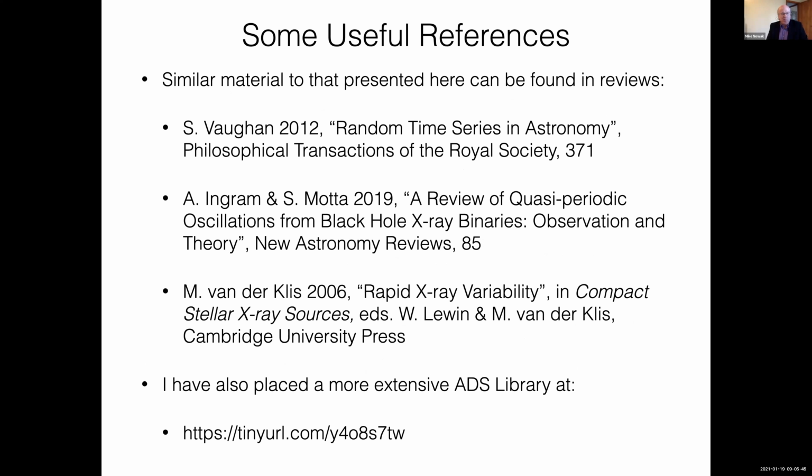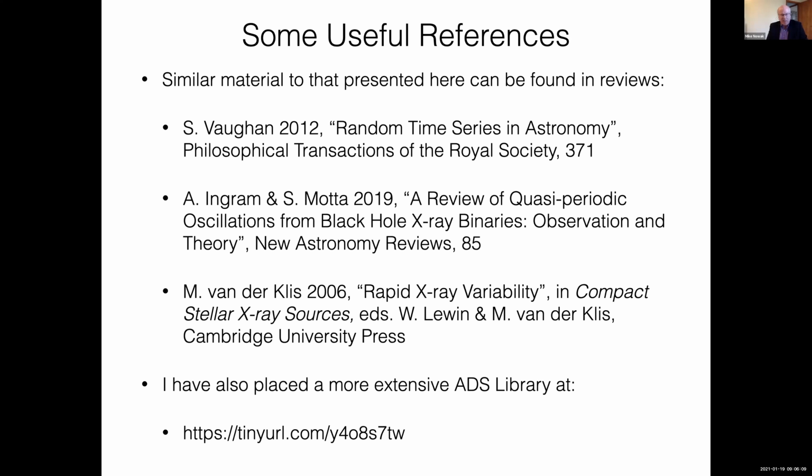So I'm going to start off with some useful references that I suggest you can go and look at to get more information. Three main review papers here. Simon Vaughan, who shows up a lot in the slides, does some really great review papers on this subject. A recent one by Adam Ingram and Sara Motta, specifically on quasi-periodic oscillations.